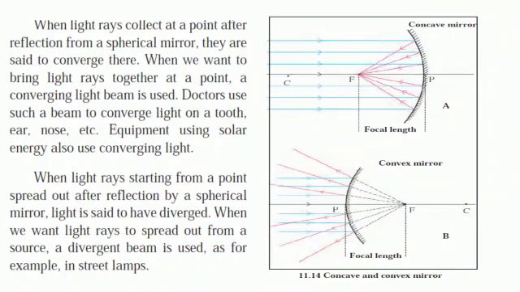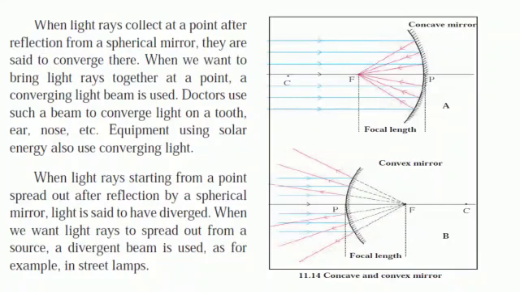Now in this figure 11.14, when the light rays collect at a point after reflection from a spherical mirror, they are said to converge here. When we want to bring light rays together at a point, a converging light beam is used. So in this figure you can see the concave mirror. What is happening here? The blue lines are parallel to the principal axis PC.